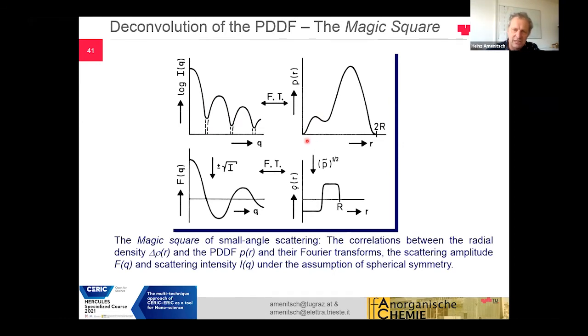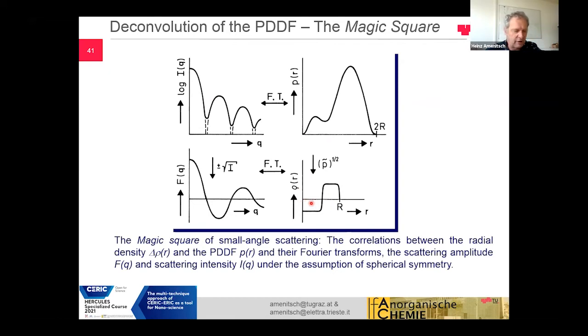And now the question is how you go this way down here to calculate the electron density as a function of the radius. So really solve the scattering problem. And this can be done at specific symmetry conditions.